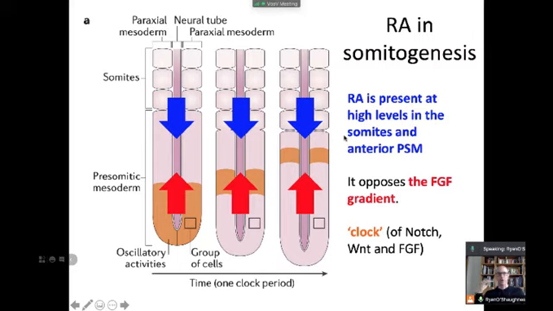And this opposes that FGF gradient, and so we get that clock of Notch signaling occurring at the region where the inhibition of the FGF gradient by retinoic acid is prevented. And we'll look at the role of retinoic acid in development of the somites and development of the limbs in later lectures.